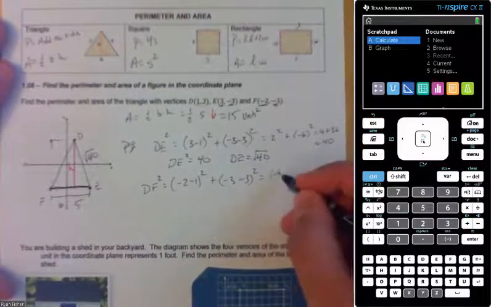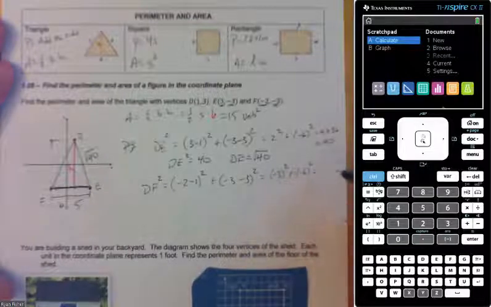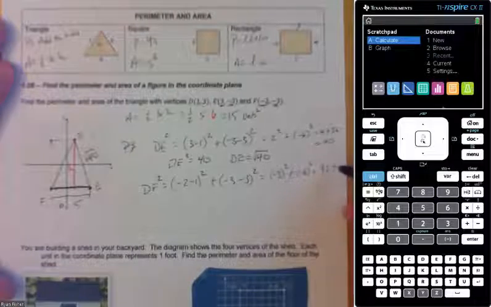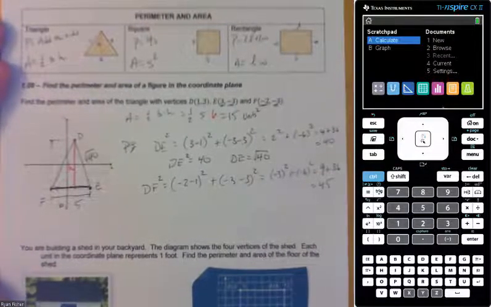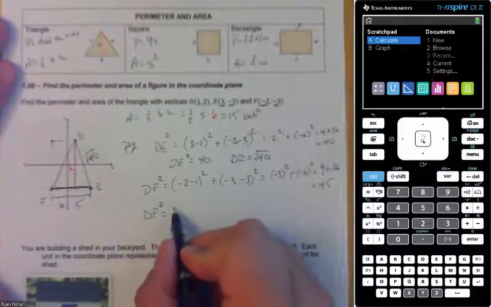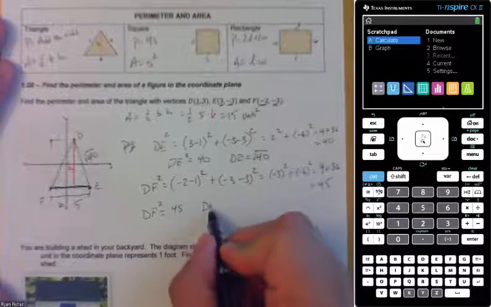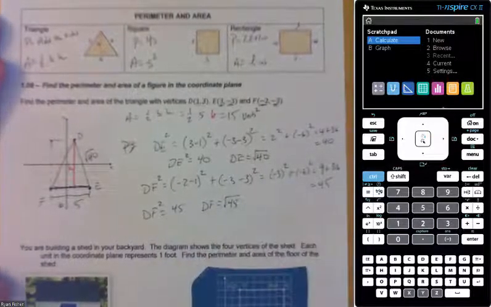That's negative 3 squared plus negative 6 squared. Negative 3 times negative 3 is positive 9. Negative 6 times negative 6 is 36. 9 plus 36 is 45. So DF squared is 45. So DF is the square root of 45.